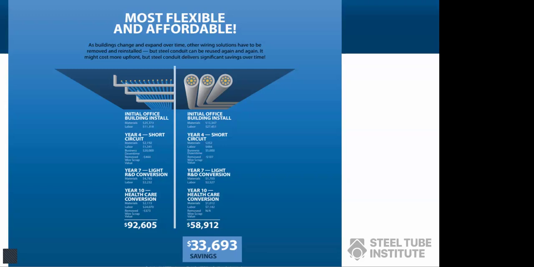In year 10, there's a healthcare conversion, like I just talked about. We're seeing more conversions happening in more places because that is where people want their healthcare closer to where they live and work. And a healthcare conversion has completely different needs, power-wise, and in many of the parts of a building.